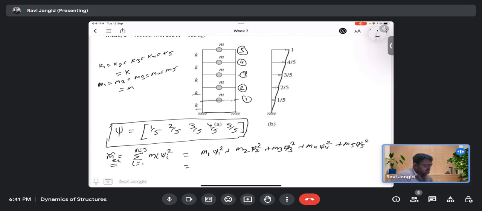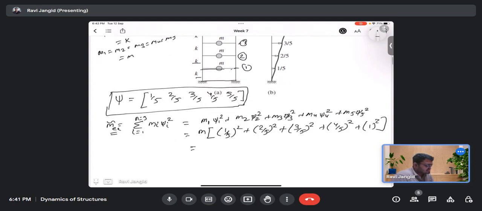All the m's are the same, so I'm taking m outside. That will become 1 by 5 square, 2 by 5 square, 3 by 5 square, 4 by 5 square, and 1 square. If I do that, as you have said, I'm getting 11 by 5 m, or 2.2 m.